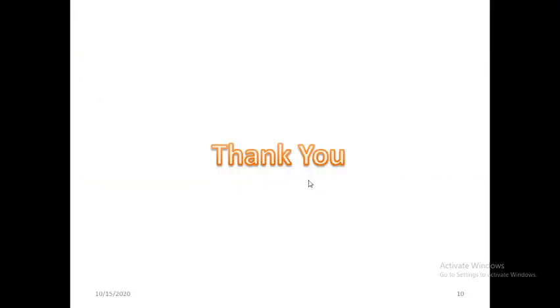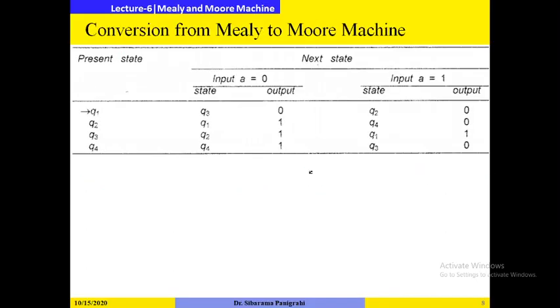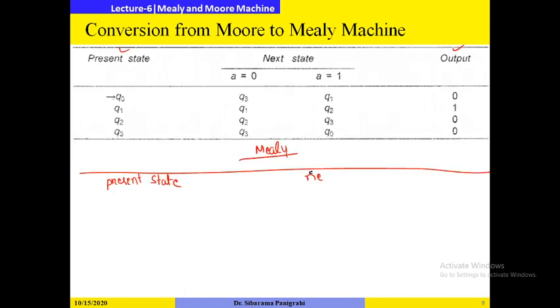So present state, and here I will write next state. So in next state, I will have A equal to 0, and here output, and here A equal to 1, and I will write output.